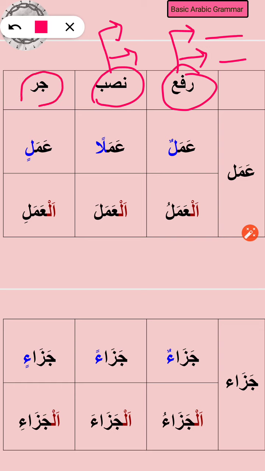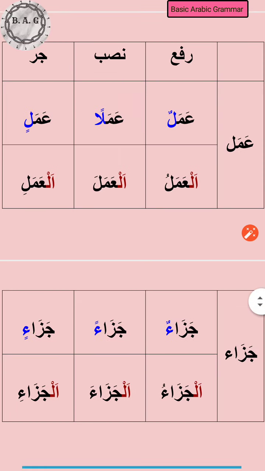Or it's going to be one of the two conditions that bring an ism into jar form. So again, it's 2 for 2. This is actually 11, but I condensed it into 2. So while you're practicing, keep in mind what rafa, nasab, and jar signify. That's going to make your future lessons way easy, inshallah.